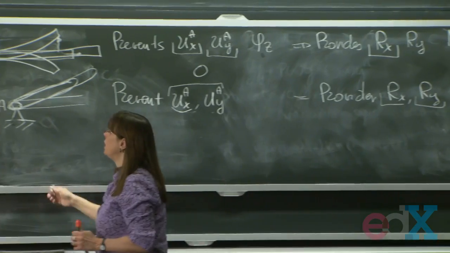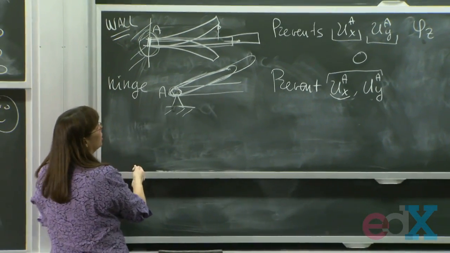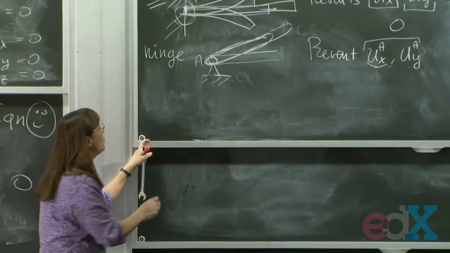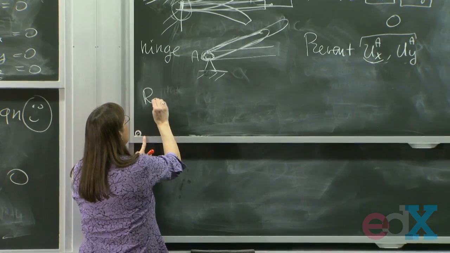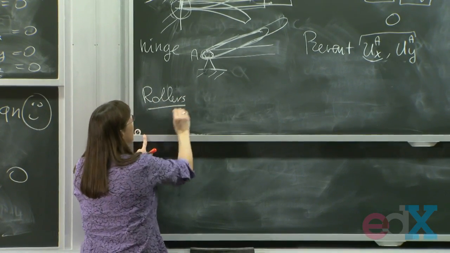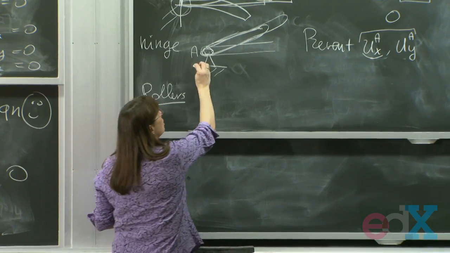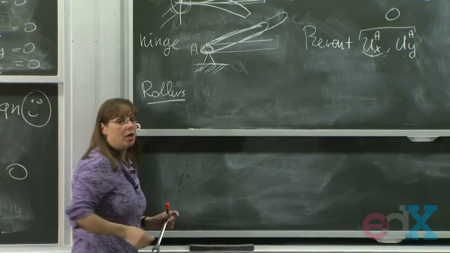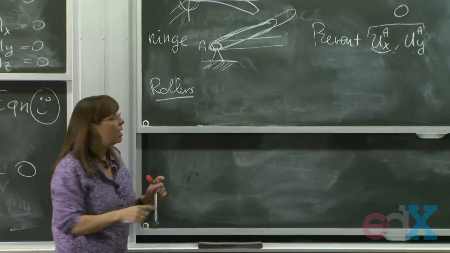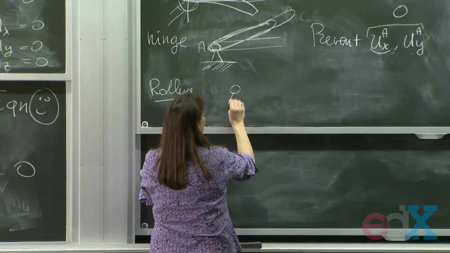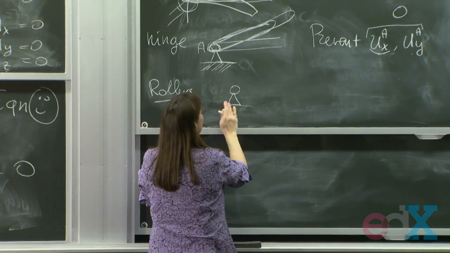And the last kind of thing that we worry about in terms of supports that we model are what is called rollers. And essentially, rollers are hinges on roller blades, right? I take a hinge, and the hinge is like, oh, I'm so happy I'm attached to the wall.